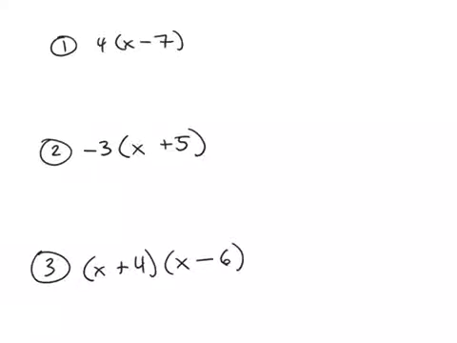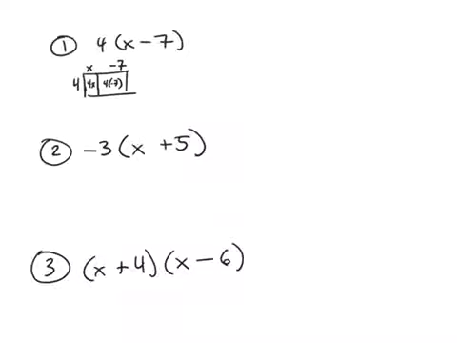This first example is 4 times the group x minus 7. I can still think of it as a rectangle that's 4 units tall. And now, though, I've got the length across is x, and then this section will be represented by negative 7. So I'm going to get 4 times x for the left-hand rectangle, and then I'm going to get 4 times negative 7 for that right-hand rectangle.